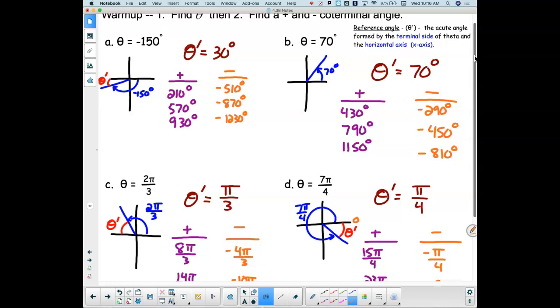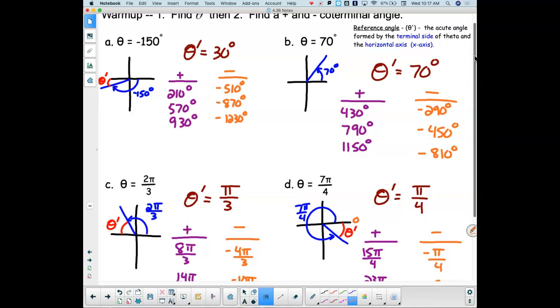Yep. Coterminals. Add 2 pi and subtract 2 pi. But 2 pi comes in many different forms. So, for instance, in C, 2 pi for me was 6 pi over 3. Okay?